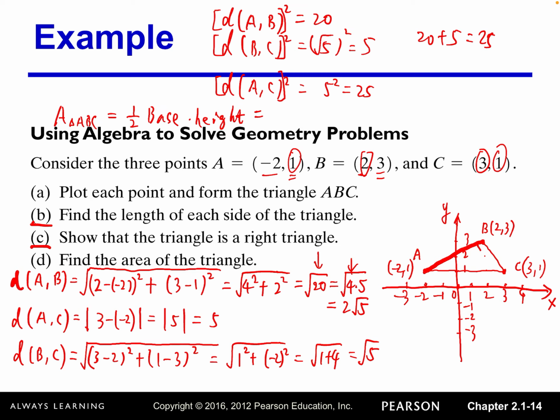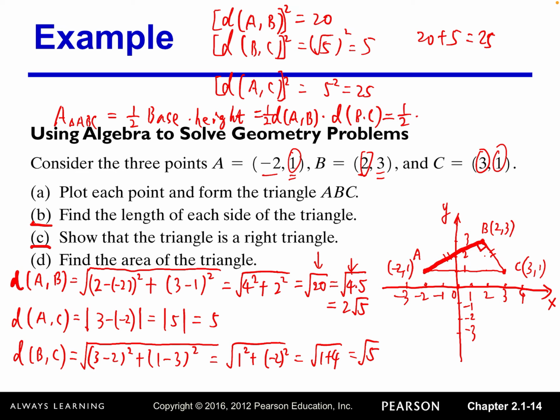Since this is a right triangle with a 90-degree angle, if BC is the base, then AB can be considered the height, or vice versa. So basically just the distance of AB times the distance of BC, and then the product multiplied by 1/2.